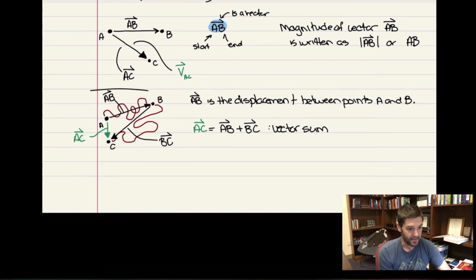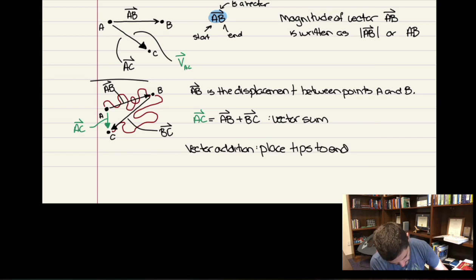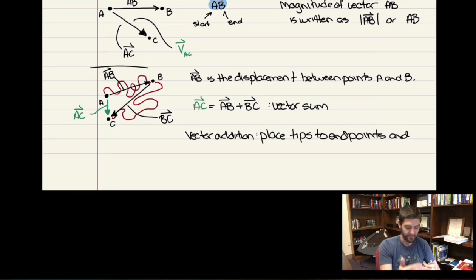Okay, so there's a general rule for vector addition: you just place the tip of one vector at the endpoint of the other vector and add them up.